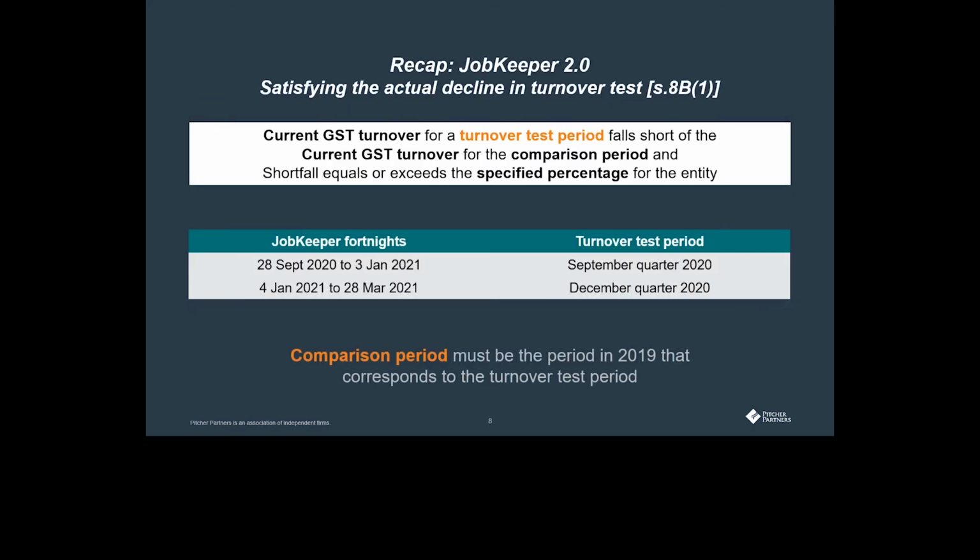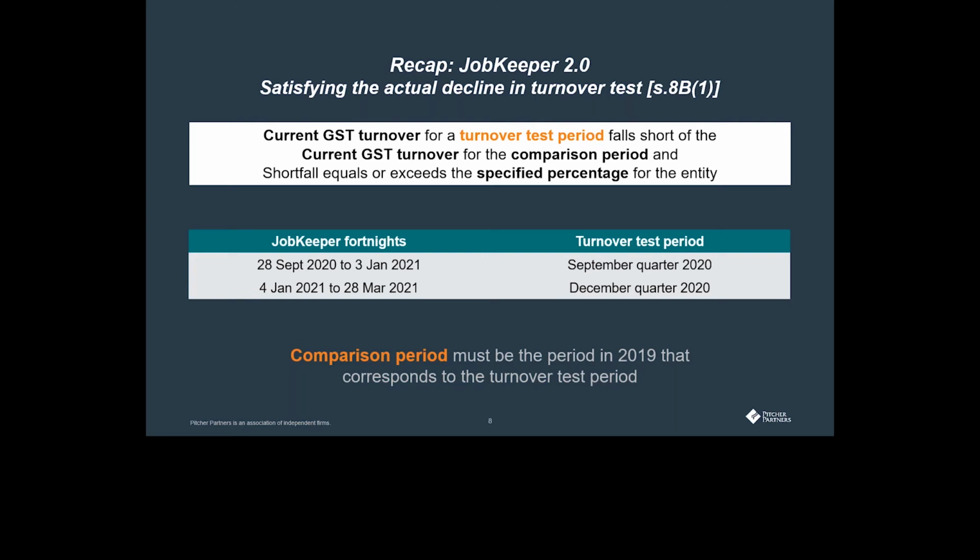Now, importantly, in calculating the decline in turnover test, essentially what we're looking at under the extension periods is the actual GST turnover for a quarter, and we're comparing it to the prior year's quarter.